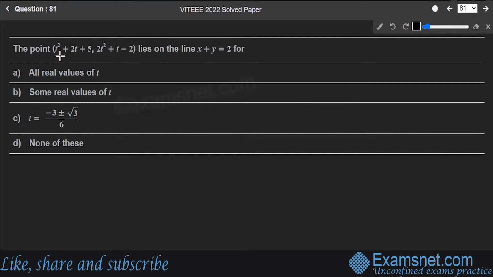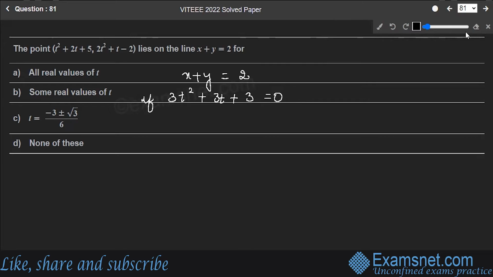The point (t square plus 2t plus 5, 2t square plus t minus 2) lies on this line for all real values of t, or some real values of t given as this, or none of these. Okay, fine. So the given point lies on the line x plus y is equal to 2 if 3t square plus 3t plus 3 is equal to 0.